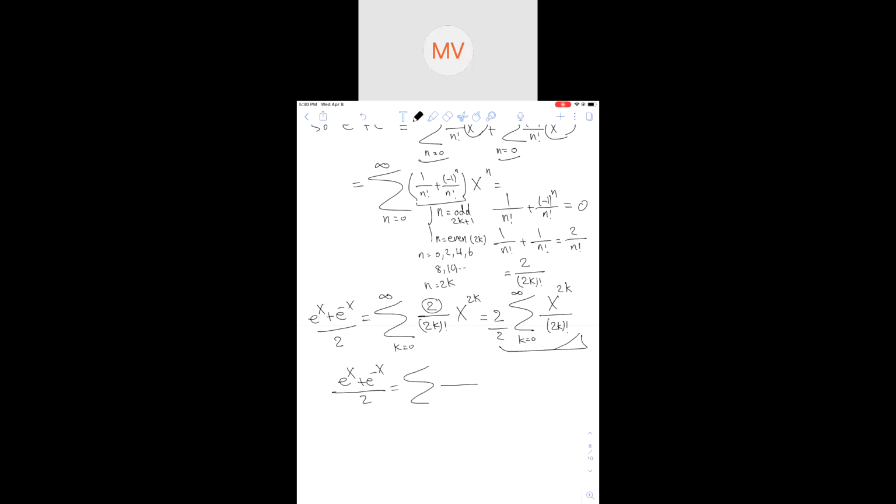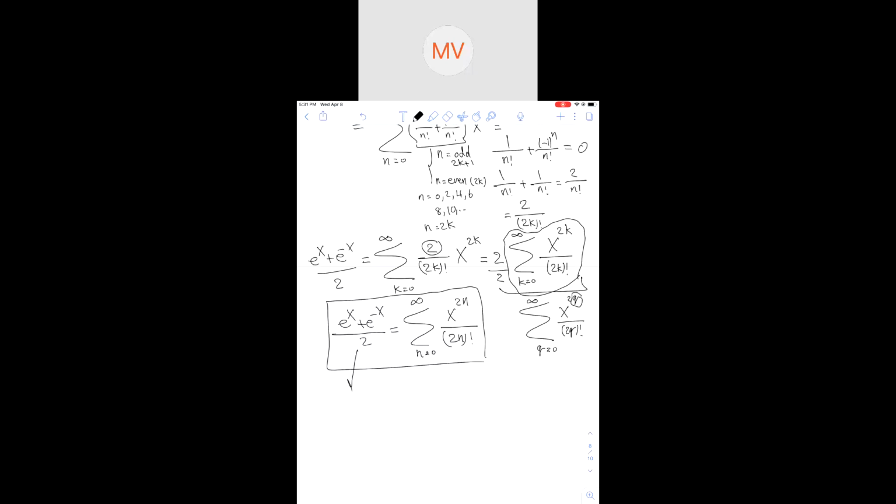And this summation is the same for any counter that you put in the series. There's no difference between this and the one I'm about to write down: x to the 2q over 2q factorial, q from 0 to infinity. The only change is this variable right here. So I'm going to put it back as n. So it's x to the 2n over 2n factorial, starting from 0 to infinity.